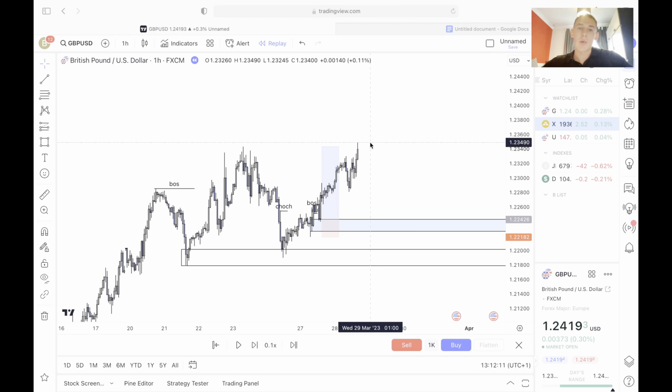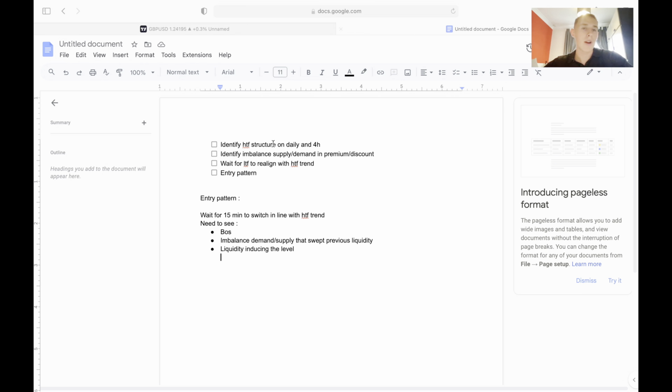That's my last example for this strategy. So just to summarize once again, if you guys want, you can screenshot this trading plan and use it, backtest it, test it in the live markets, do as you will with it. But in summary, we identify the higher time frame structure on the daily and the 4 hour. We identify our premium or discount levels of supply and demand. We wait for that lower time frame switch in trend to realign with the higher time frame.